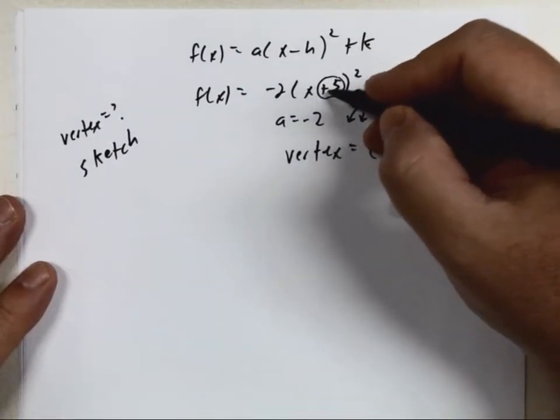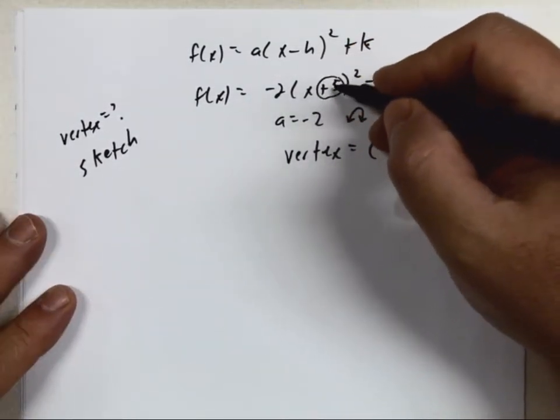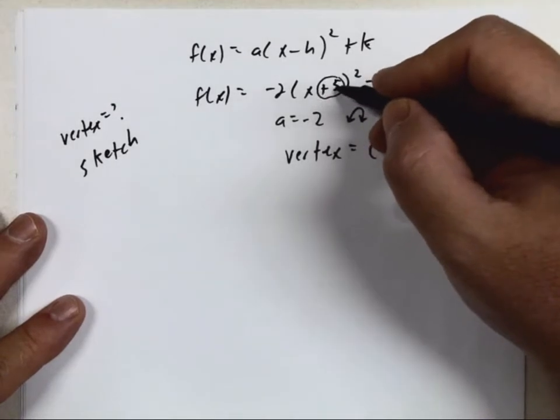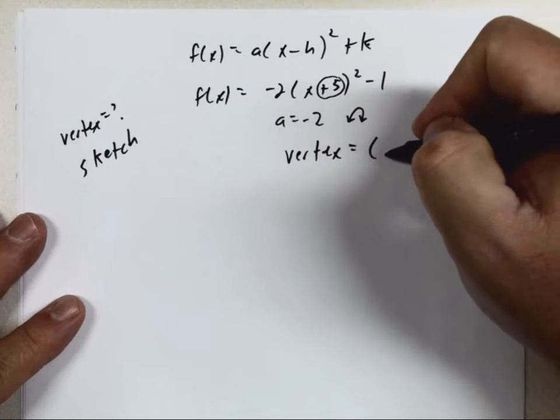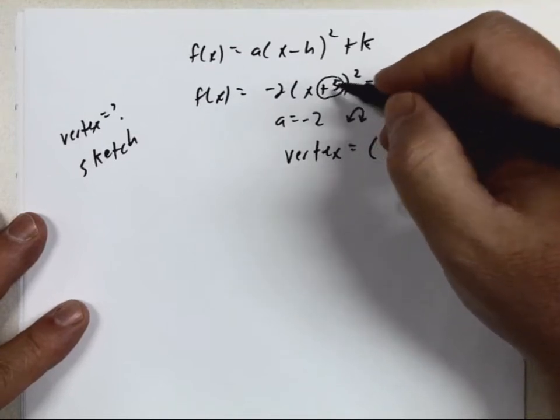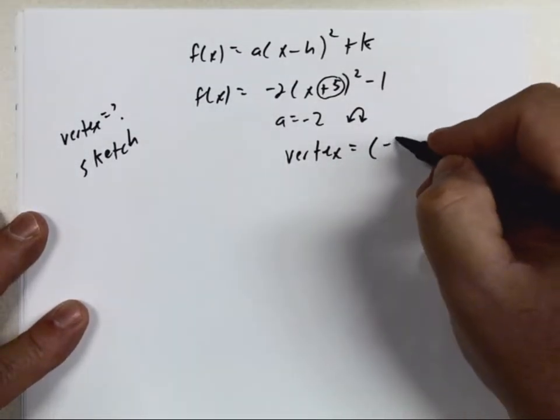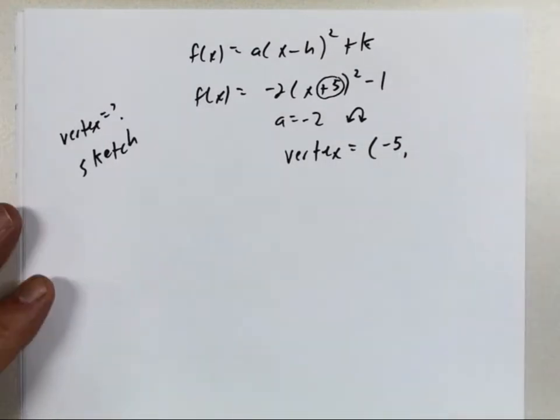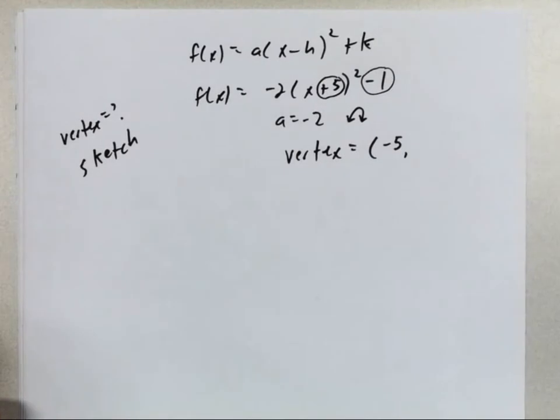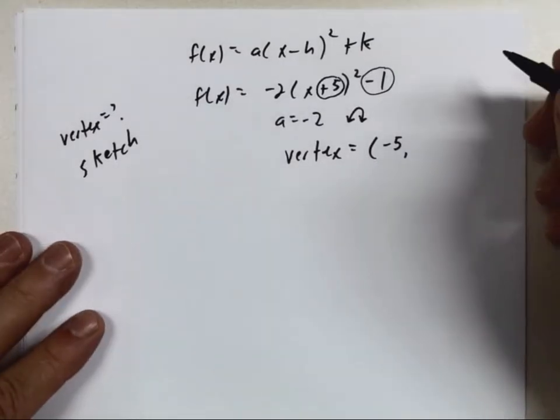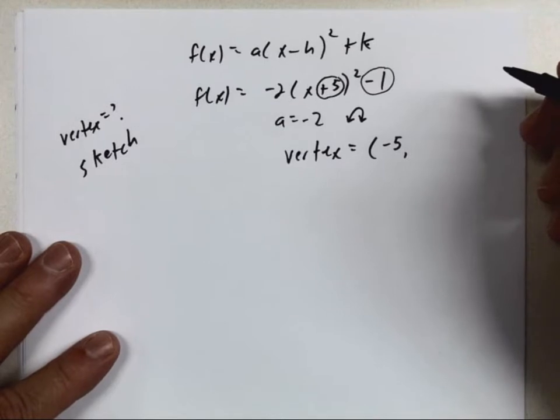I know I have to get my h from this, so I think of this as plus 5. And what happens is I stick the opposite in my vertex. So if I'm sitting here at plus 5, I say my vertex is minus 5, and I also do the opposite for the other number.